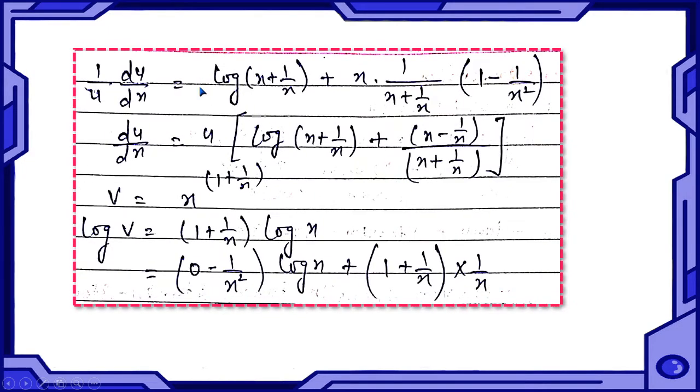So derivative of first means derivative of x, that is 1. Second term as it is, plus first as it is, derivative of second. So log x, 1 upon x, then x is 1, then 1 upon x, the derivative is minus 1 upon x square. Then du by dx, let's take u to this side.